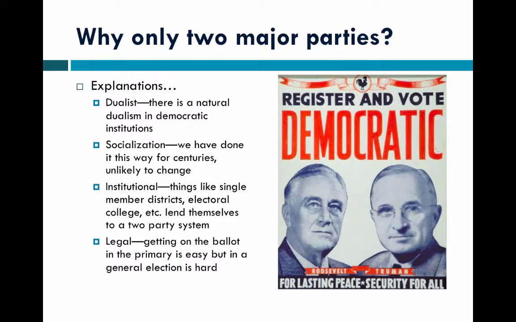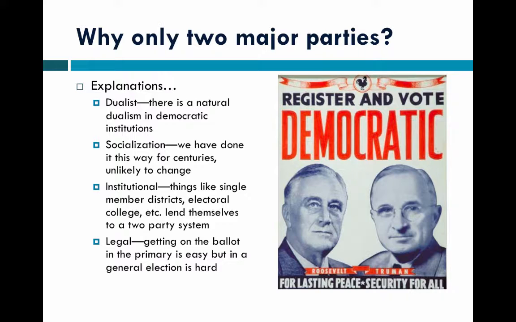Another explanation is socialization. If we have done something a certain way for a long period of time, we are unlikely to change it. And that can be said of parties. Since we have had, from the beginning, the setup of the Democratic Republicans under Jefferson fighting against the Federalists, who were more ideological to start with and then more electoral after, we've set it up that way. We're going to continue that way. It's hard to change that.